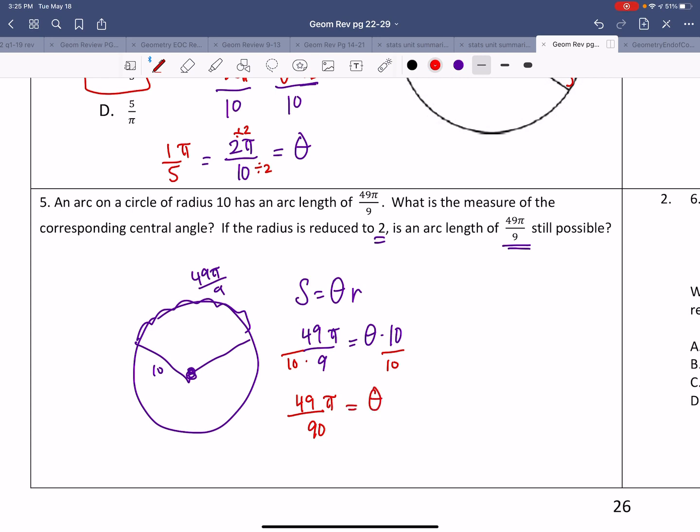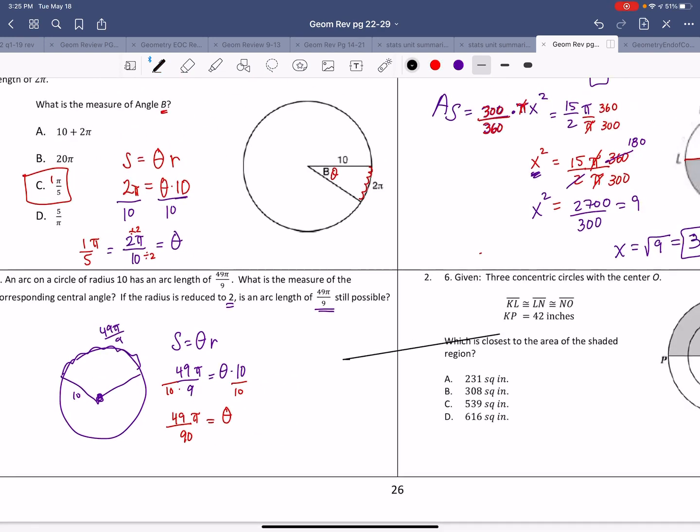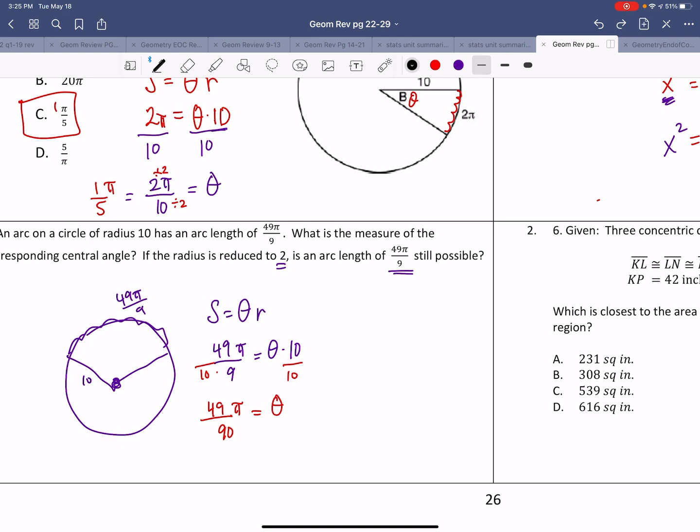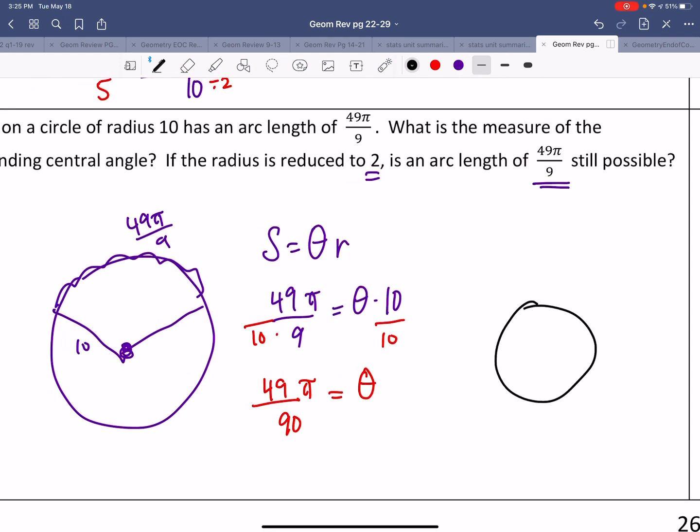If the radius is reduced to 2, is the arc length of 49 pi possible? So it's like, no, that's a lot smaller, right?